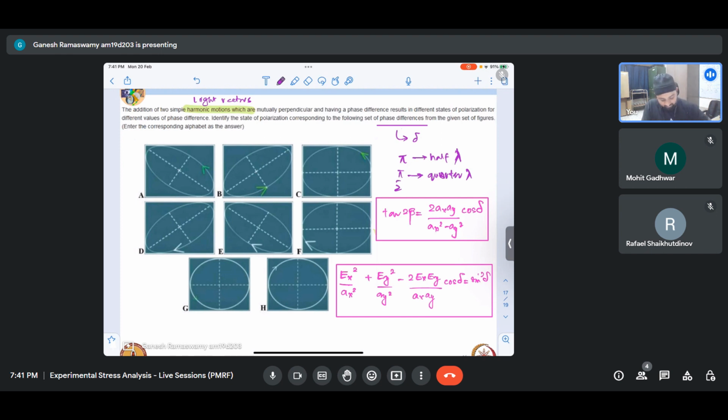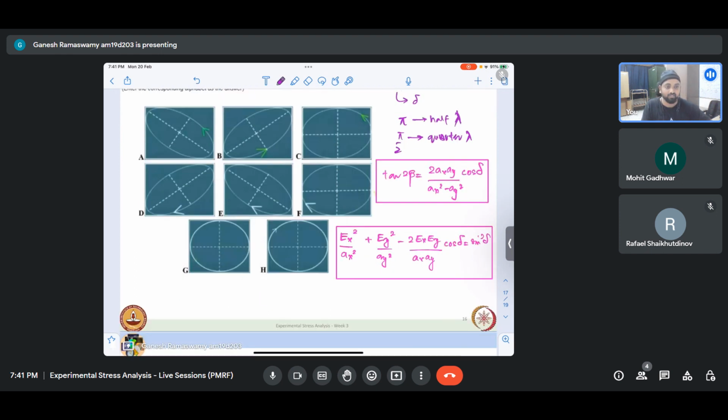That is the key behind this question, essentially. And handedness, again, comes from ellipsometry as to how to identify handedness. Why this becomes important in digital photoelasticity I've explained, in order to cut down the errors.